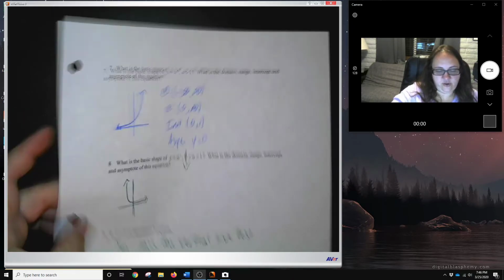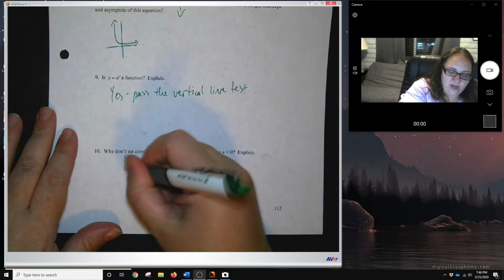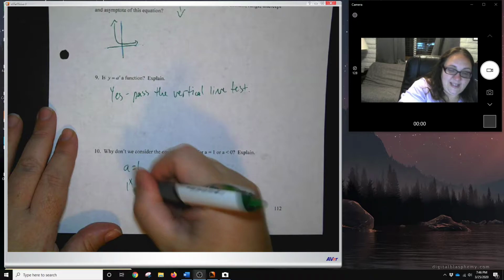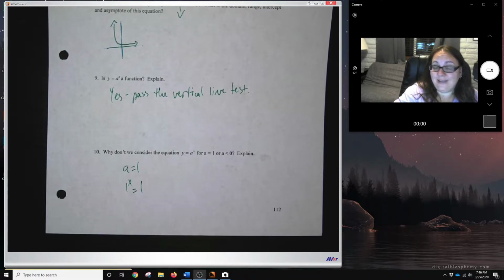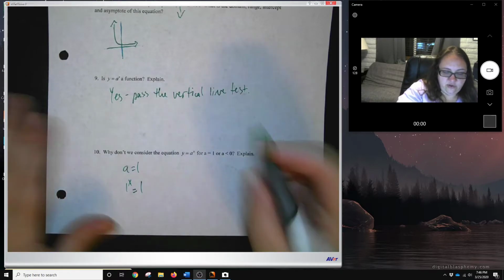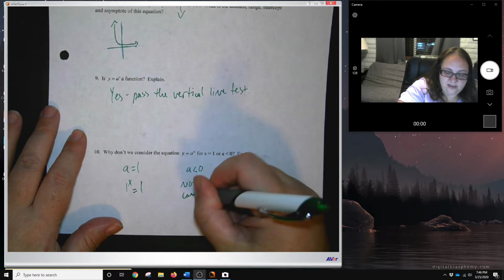And then a few quick notes: we do not do y equals a to the x when a equals 1 because 1 to the x is always 1. So since 1 to the x is always 1, y equals 1 to the x is technically a constant function, not an exponential function. And then we do not do them when a is less than 0 because they are not continuous.